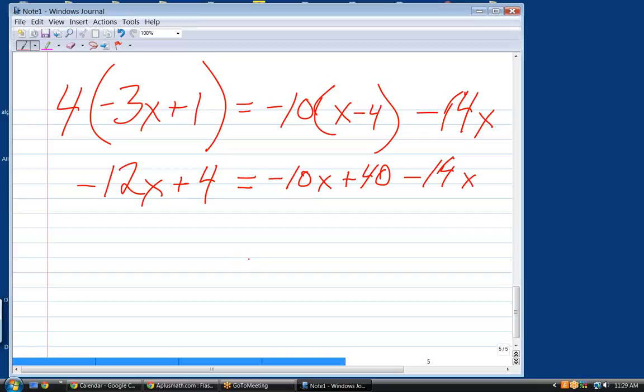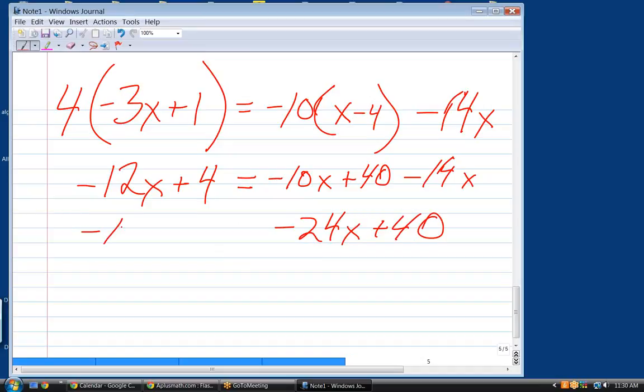Here's what we have. We have minus 10 minus 14. This is the subtraction. I'm going to turn it into an addition, but then I have to add the minus sign to the 14. So now I got minus 10 plus minus 14. That's minus 24.